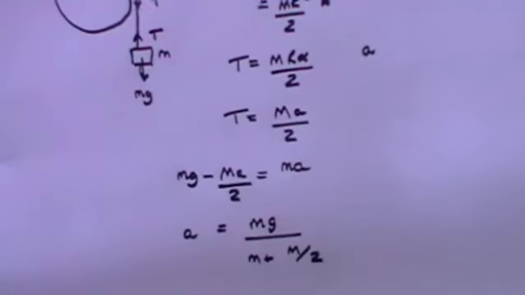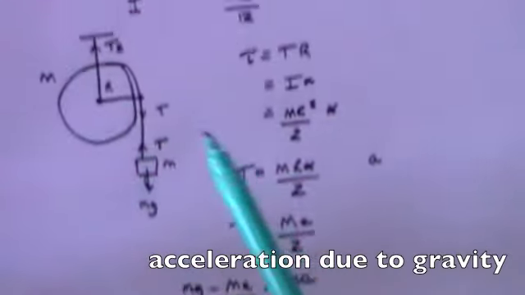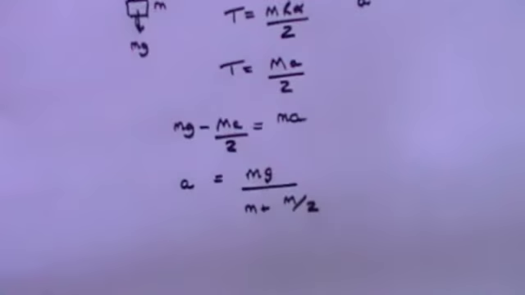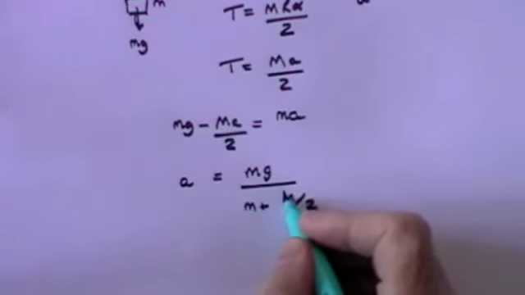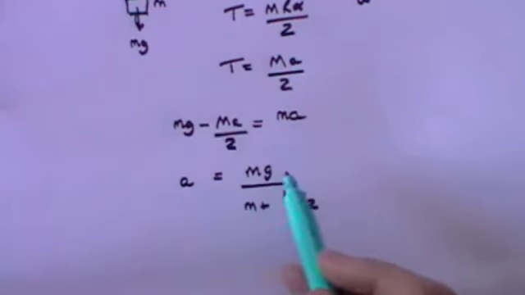So in other words, it's not going to fall with the acceleration of gravity. It would if the pulley were massless, because if you put capital M equals 0 in this equation, you simply get the acceleration is mg over m, which is g.